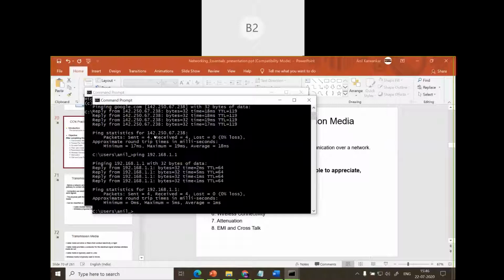And that's why, whenever I'm checking whether my terminal is part of the internal network or not, the time to live is 64. And the time required is less than 1 millisecond for two packets, and 2 milliseconds and 5 milliseconds for the other two, compared to the response obtained from google.com.